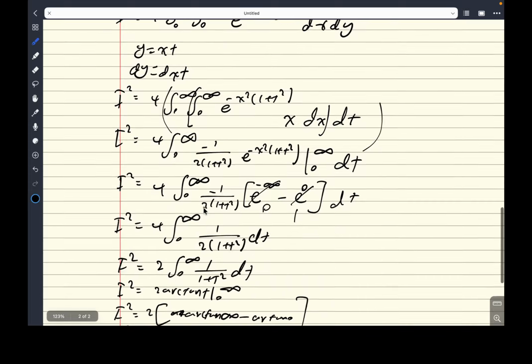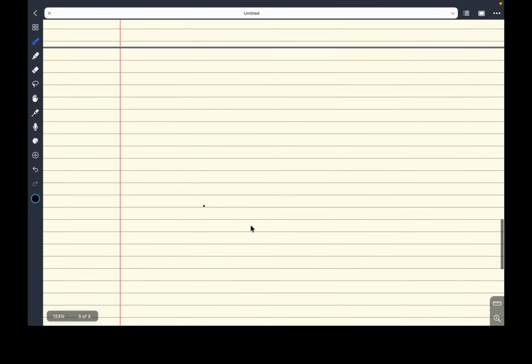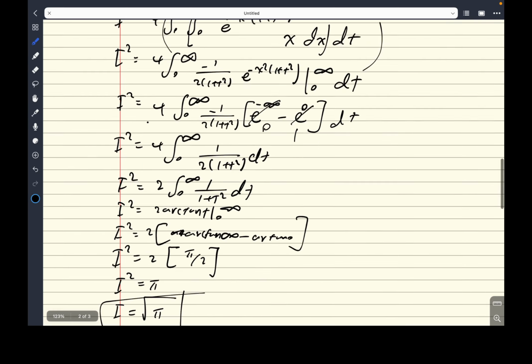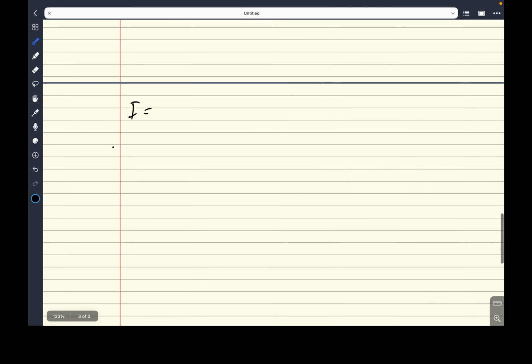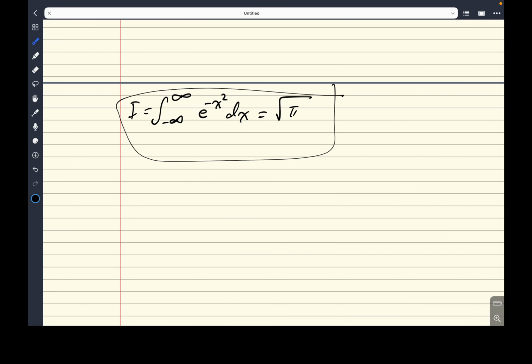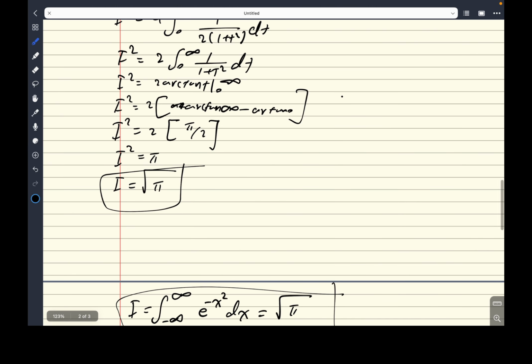Therefore, I can say that the integral that we were first trying to solve here, from negative infinity to infinity of e to the negative x squared with respect to x, is square root of pi, which is a neat result. And you might have known the answer, that is root pi, but you might have wondered where the pi comes from.